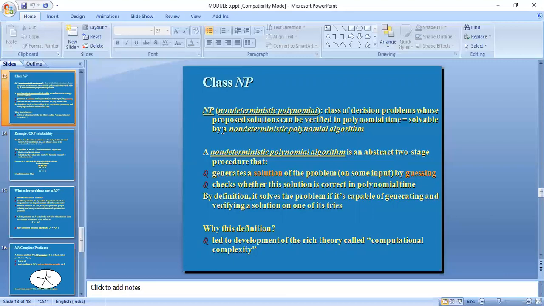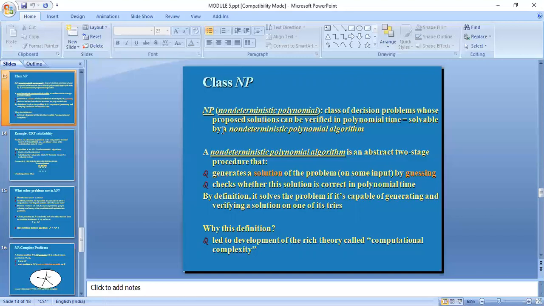The non-deterministic algorithm is a two-stage procedure where you will have the guessing stage as well as the verification stage. In the guessing stage, an arbitrary string S is generated, which we can think of as a guess at a solution for the given instance.